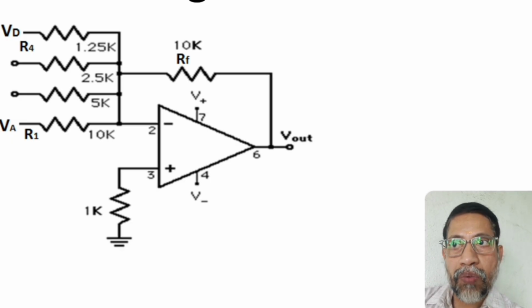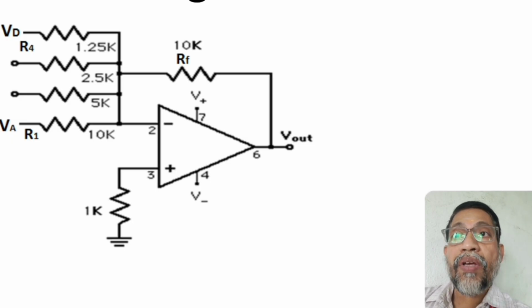Then 2.5 kilo ohm, which is R3, and 1.25 kilo ohm, which is R4. Therefore, for 4 bits, 4 resistor values are required for the summing amplifier inputs. The feedback resistance is 10 kilo ohms, which is RF, connected between the output terminal and the inverting input terminal.